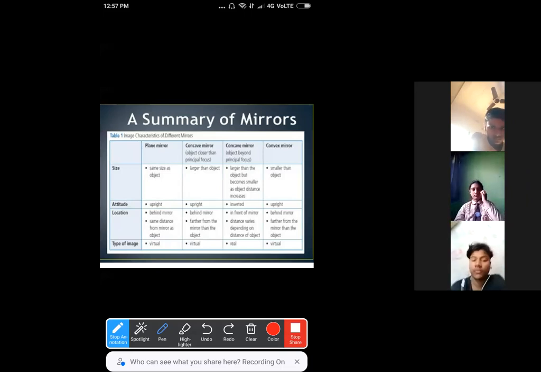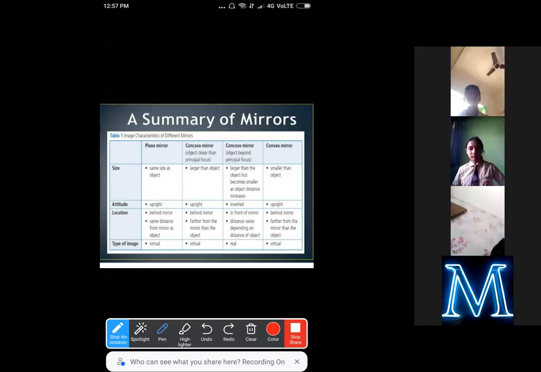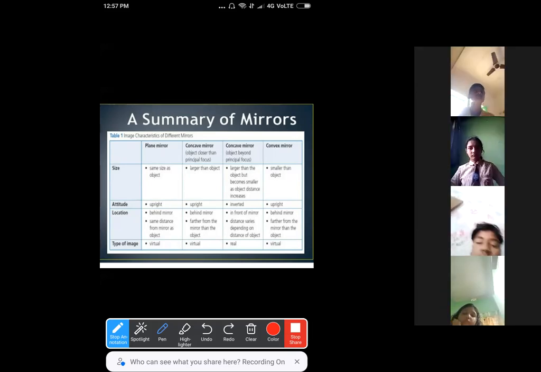If the distance increases, then the image of the object will be smaller. If the distance decreases, then the image will be larger. That means if the object comes closer to the concave mirror, it will seem larger. And if the object is kept away from the concave mirror, it will look smaller.